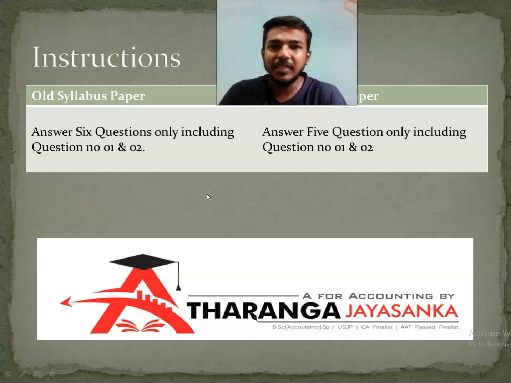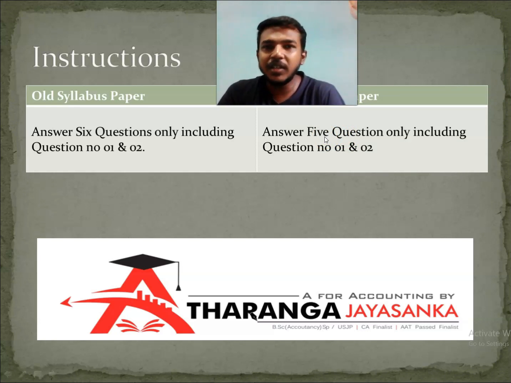But see, there is a difference between these two instructions. In the old syllabus paper, you had to answer how many questions? 6 questions. But now in the new syllabus paper, you have to answer only how many questions? 5 questions.